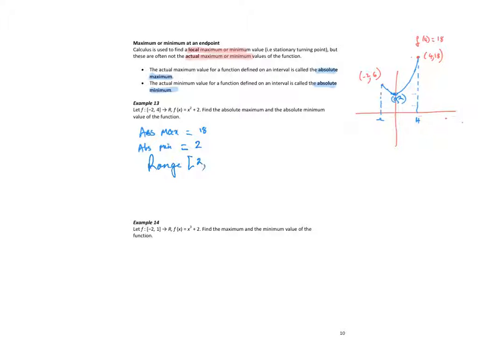My range is from 2 to 18, and just to confirm, my domain is from -2 to 4. So I guess the key point there is my range isn't necessarily the values of the function at the endpoints. So that at the endpoint, the y value is 6 and 18, but the absolute minimum is at the point (0, 2).